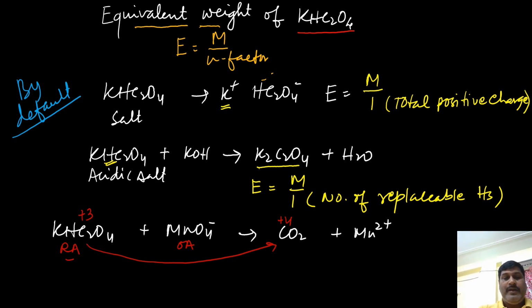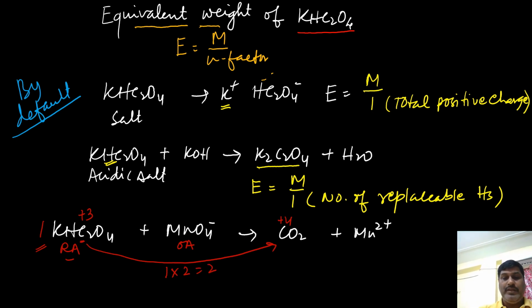This is acting as a reducing agent undergoing oxidation, so the loss of electrons, but per mole of KHC2O4 how many moles of electrons are lost? Per atom the loss is 1, right, and in 1 mole of this KHC2O4 how many carbon atoms are there? 2, so 1 into 2 is equal to 2, right?